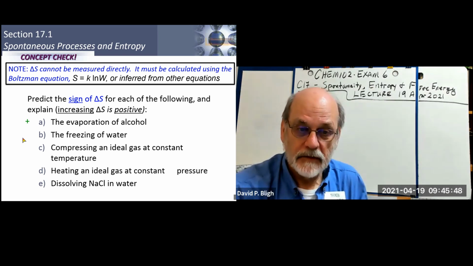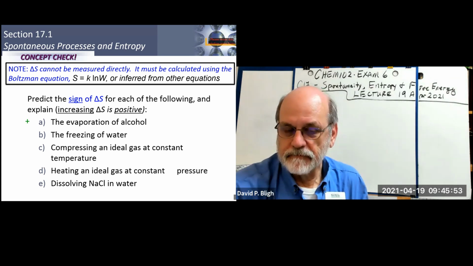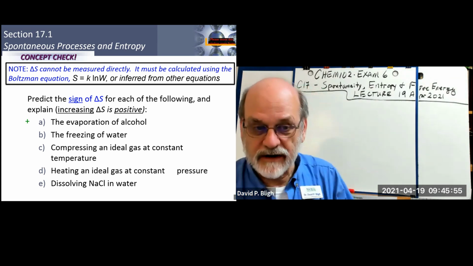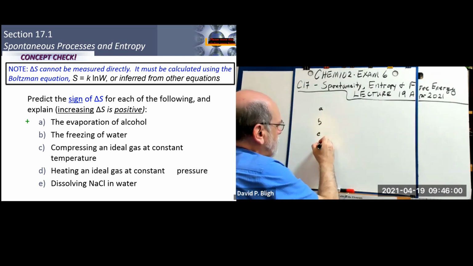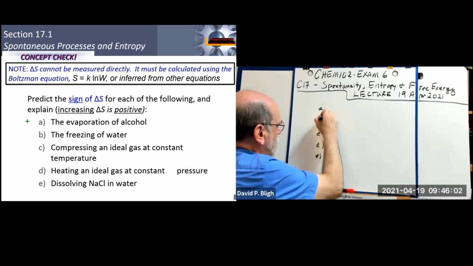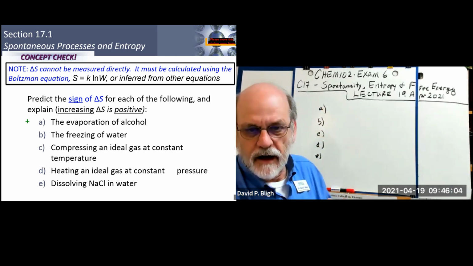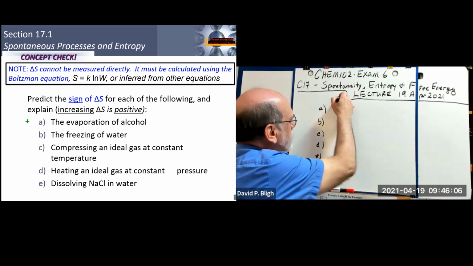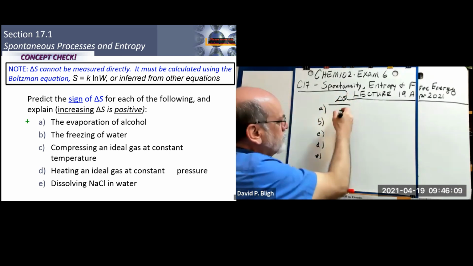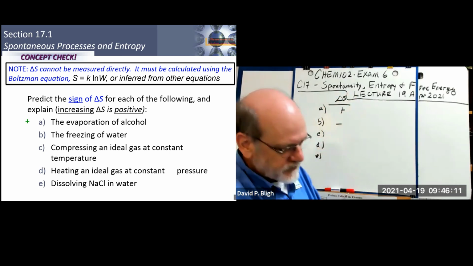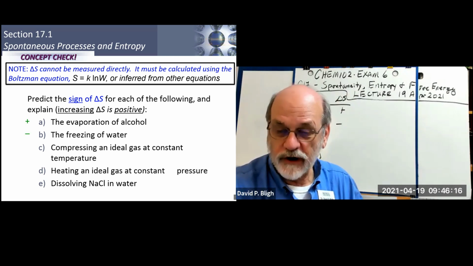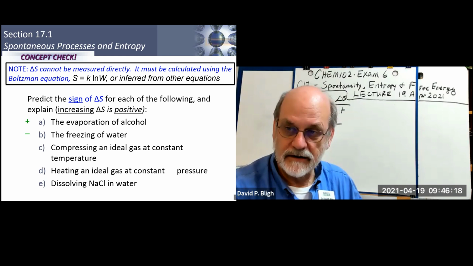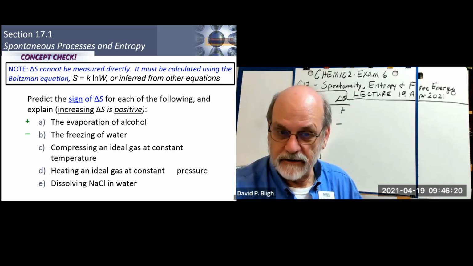By the way, it's not here, but while we're doing this, we're describing the delta S for each one of these, right? So we got a plus there, we got a minus for the second one, because freezing water is more orderly. You're going from a liquid to a solid. So delta S is negative.